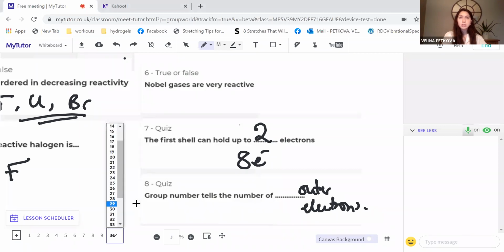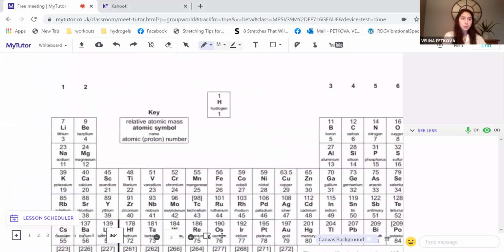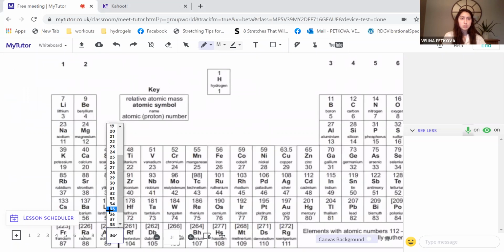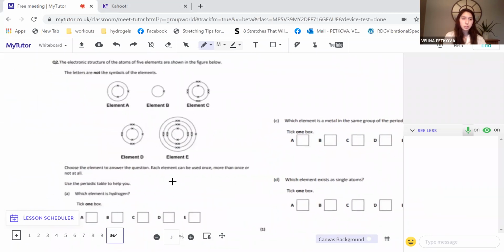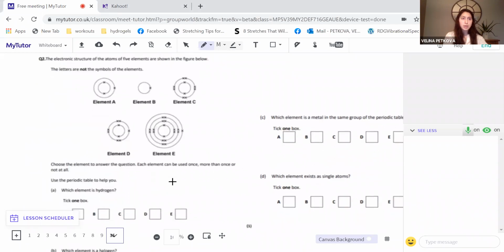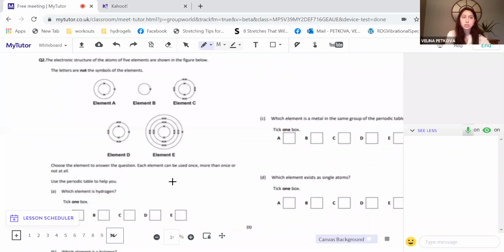Okay, so now let's do some past paper questions on this topic. So let's look at this question. So we have been shown the electronic structure of 5 different elements. So we need to choose one of these elements to answer each question.